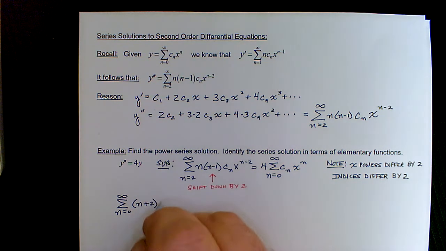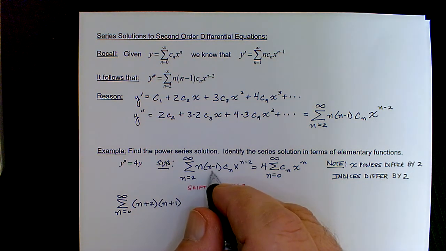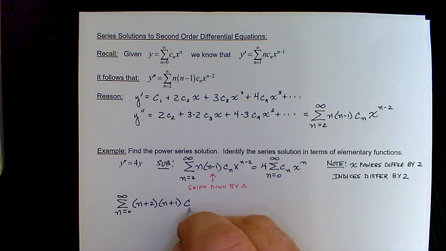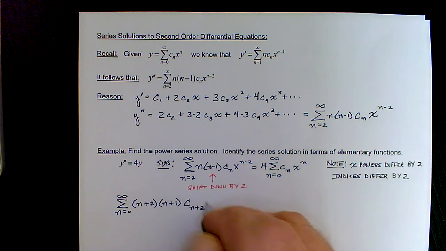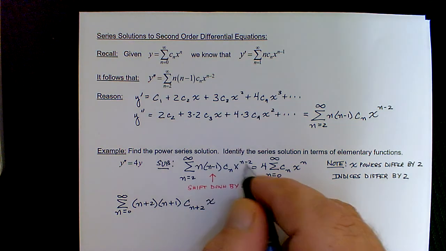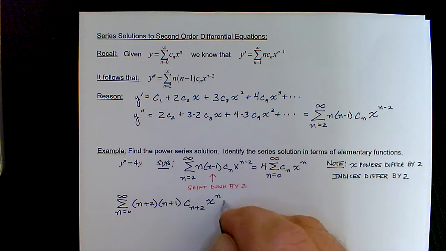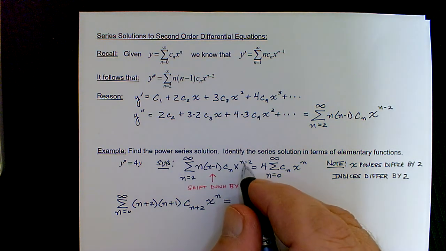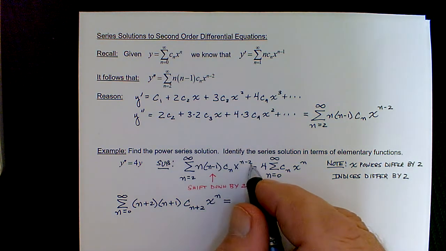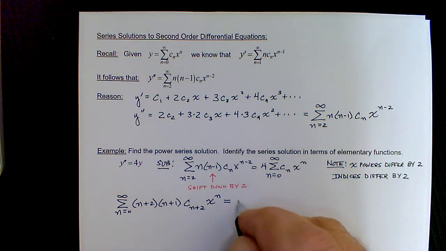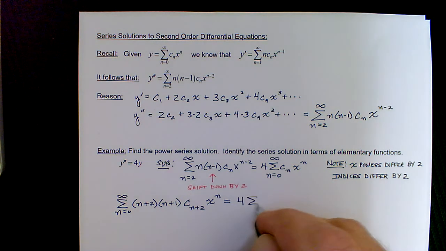The n minus 1 becomes n plus 1, because n plus 2 minus 1 is n plus 1. The c sub n becomes c sub n plus 2. And the x to the n minus 2 becomes just simply x to the n, because now n is n plus 2, minus 2 is just n. And then this right side we just leave alone.